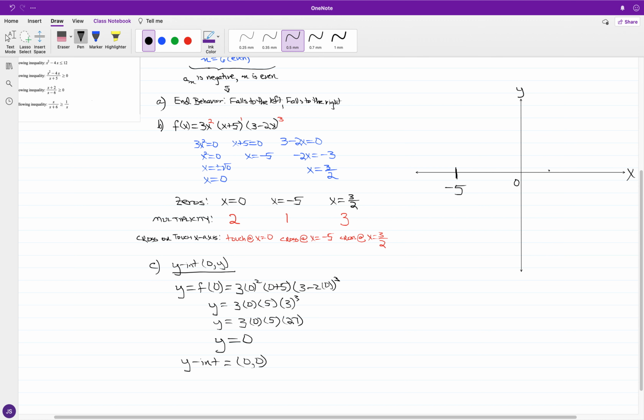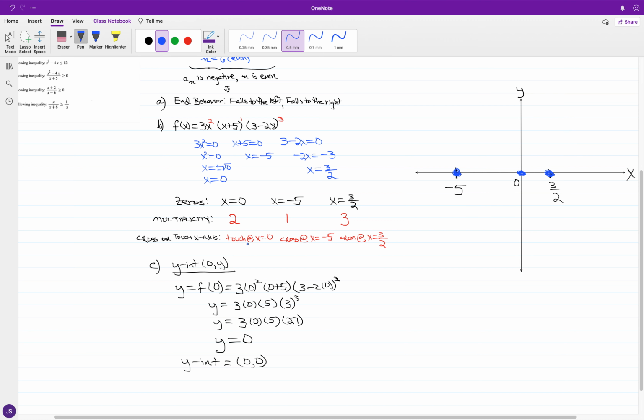So you can see it's going to be somewhere about right here, about 1.5. So we'll go ahead and plot these. You have -5, 0, and 3/2. And your y-intercept is already going to be the origin.